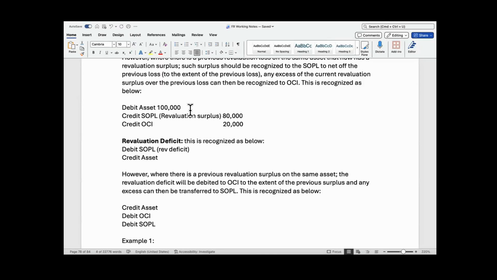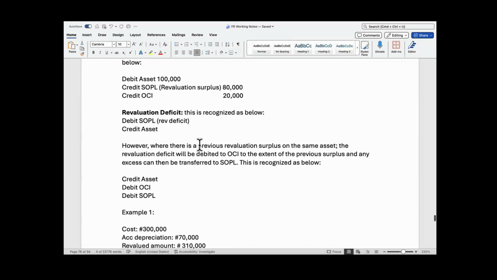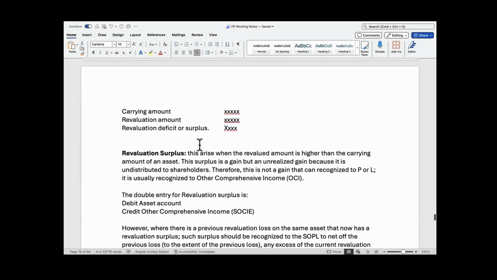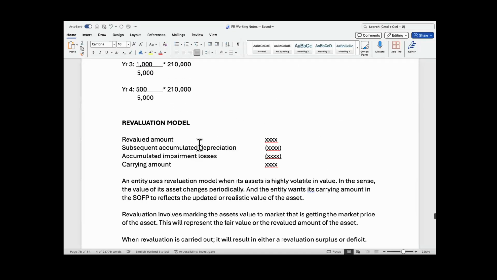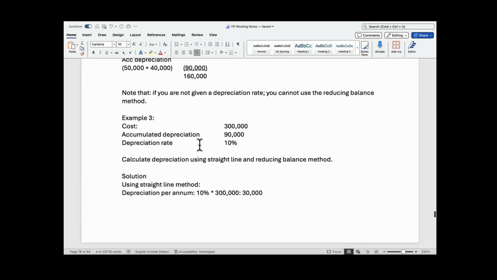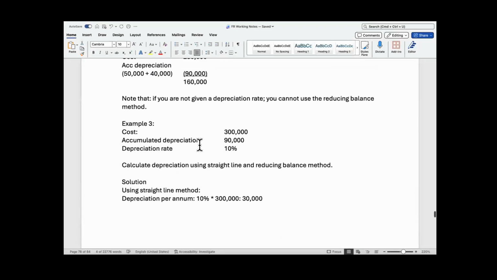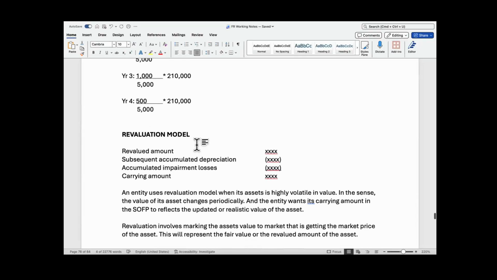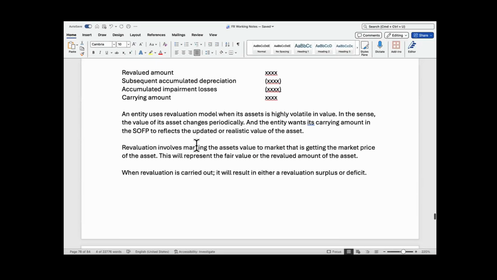We learned a lot around the components of cost. We learned about depreciation, the straight line method and the reducing balance method, and how to calculate them. We saw the key difference between straight line and reducing balance. We then learned about the revaluation model.